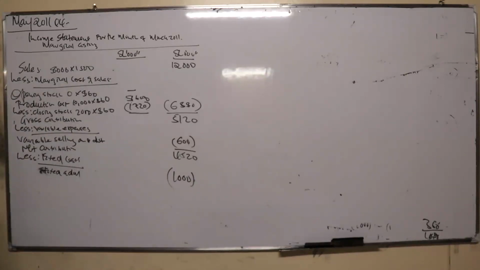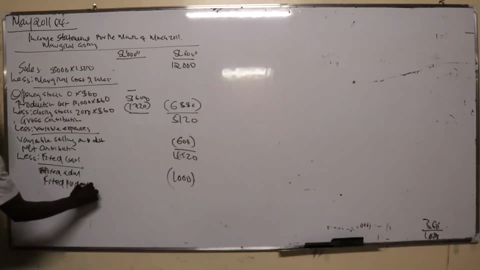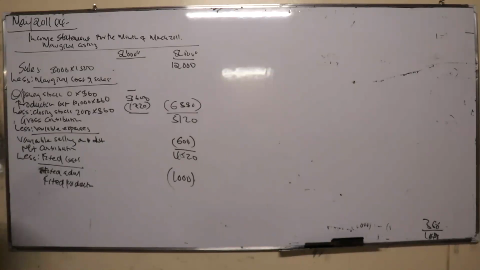And then we had fixed production overheads. Fixed production per unit was 100, so you multiply 100 times the total number of units that were produced.